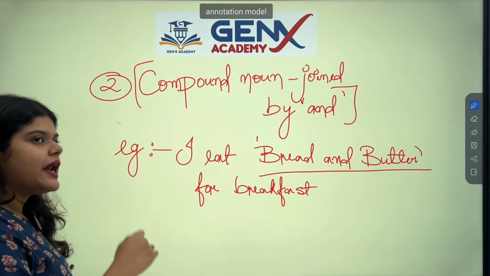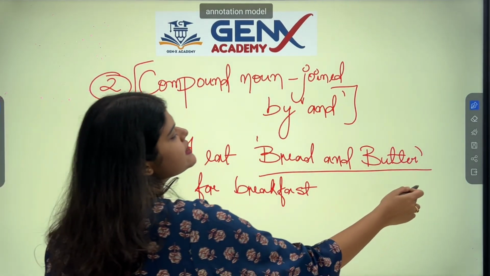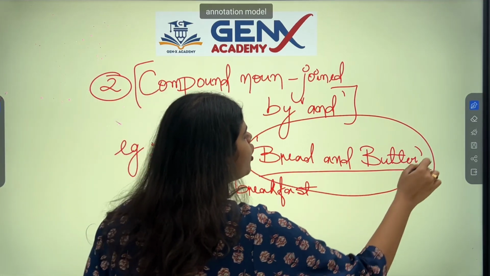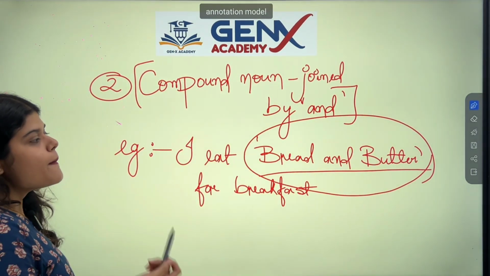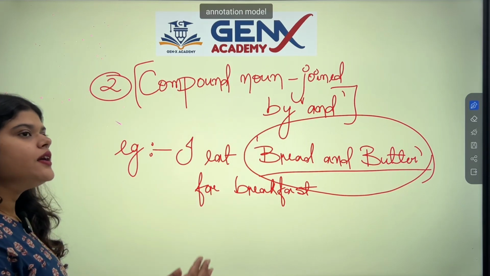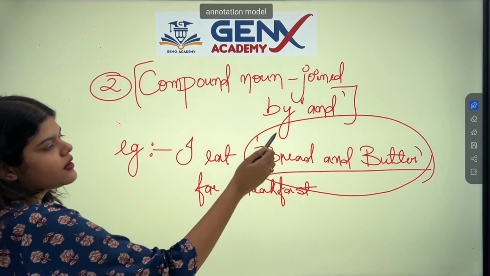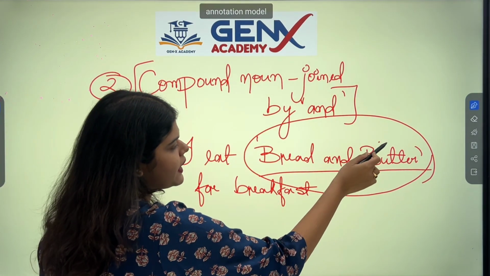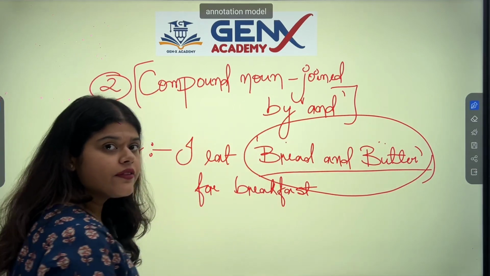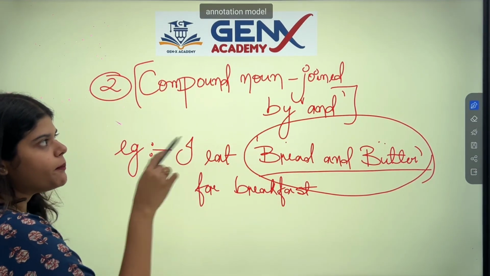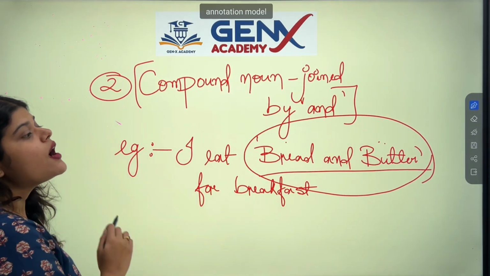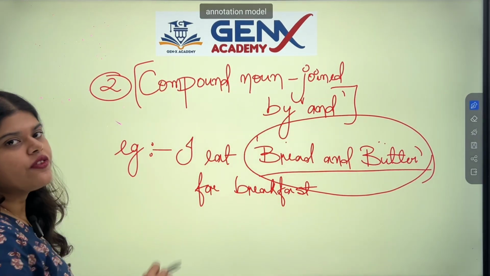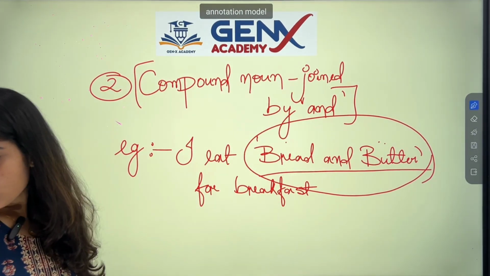You consider bread and butter to be as one and not two different things or two different nouns here, because it is understood that if there is bread, there has to be butter, and if there is butter, there has to be bread for breakfast. So it is such a compound noun or such intrinsically connected that it cannot be differentiated as two different subjects.